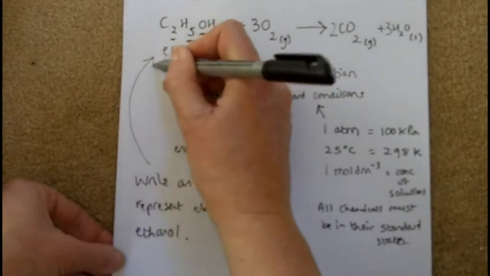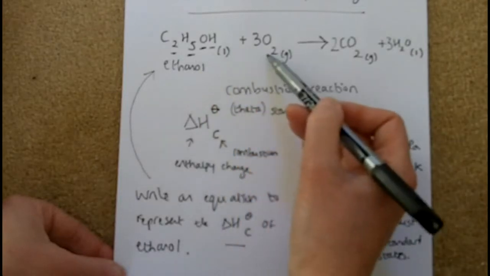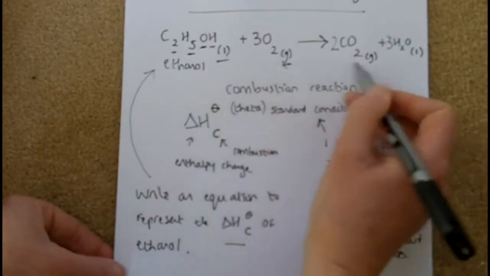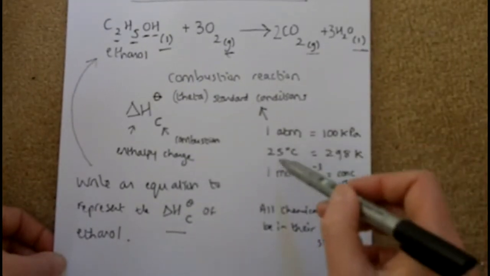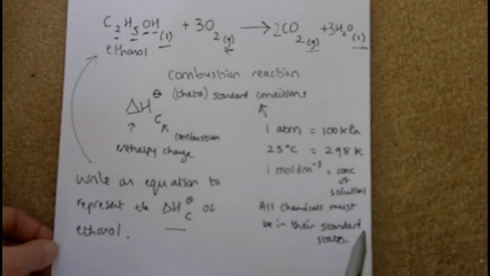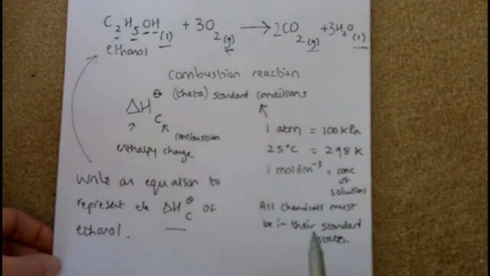That is the equation that you would write. It's combustion of ethanol. It's done under standard states, at 1 atmosphere, 25 degrees, and any solutions will be at that concentration.